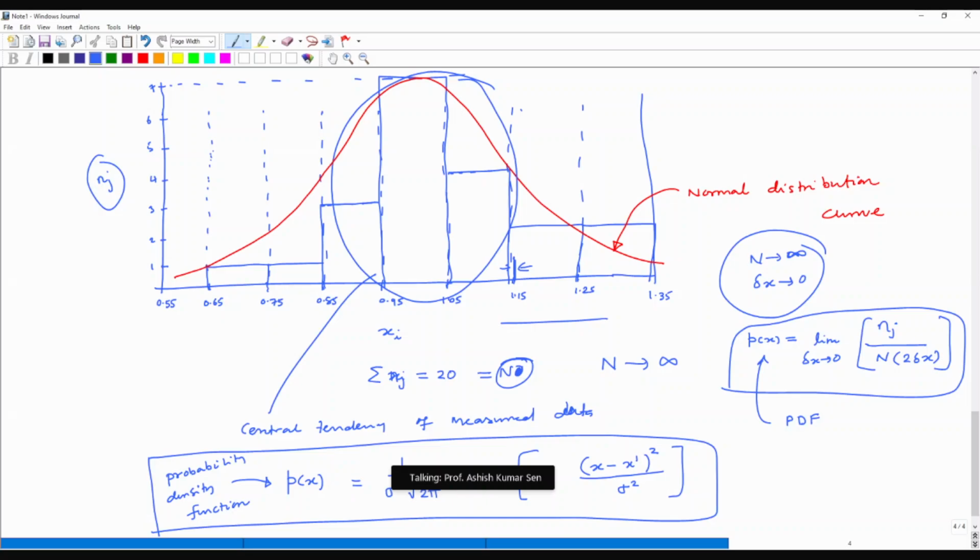So here you can see that your x prime is basically the true value. But since many times you do not know the true value, it is approximated as the mean value, x bar. Okay. So if I plot this equation, which is called the normal distribution or Gaussian distribution, this is the normal distribution.